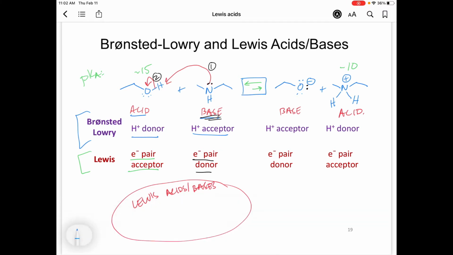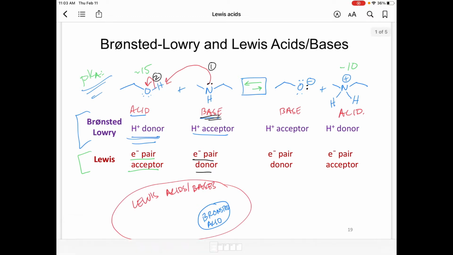And then Bronsted-Lowry acids and bases are specific because they have to be giving up a proton, essentially, if it's a Bronsted acid. So this terminology is letting us know that everything is a Lewis acid and base. But we like to describe them more specifically as proton donors, and that's where we start using our pKa's.